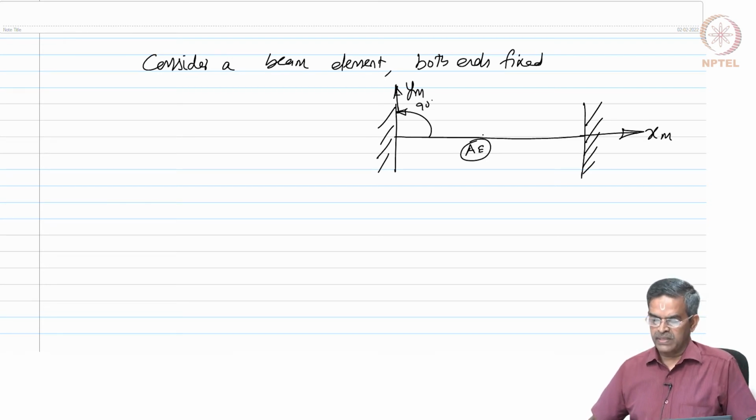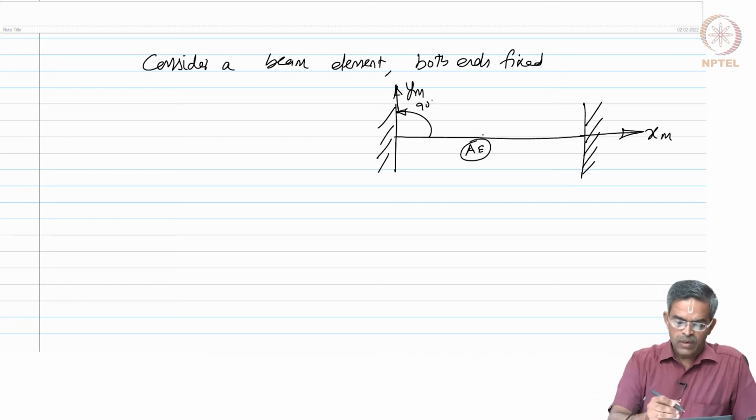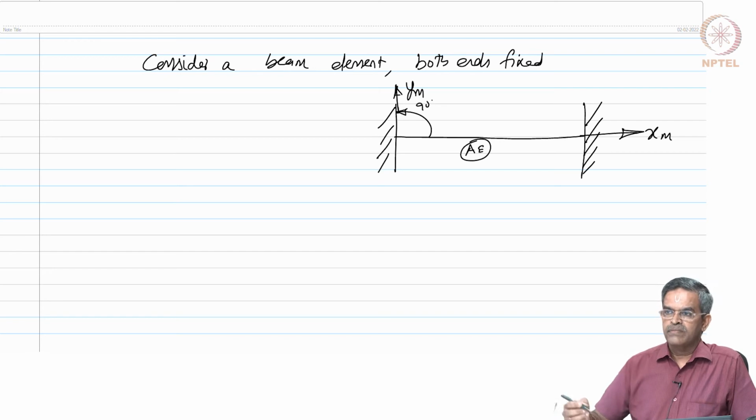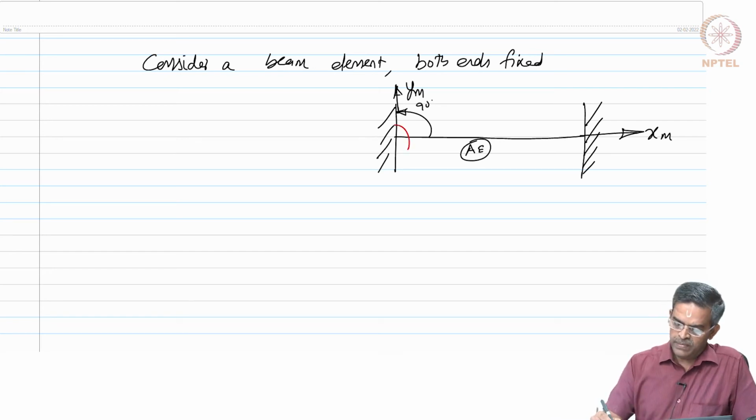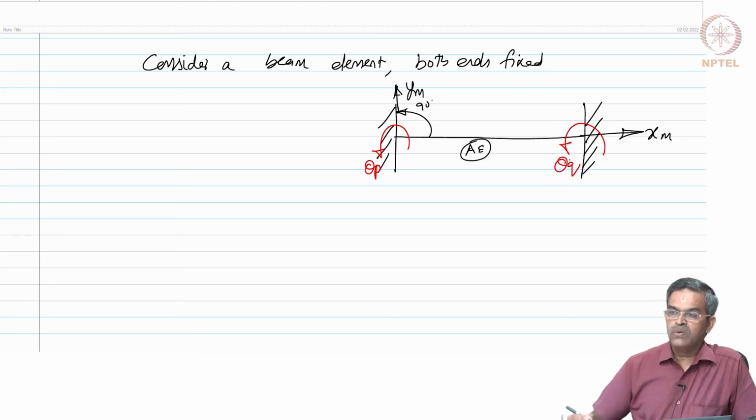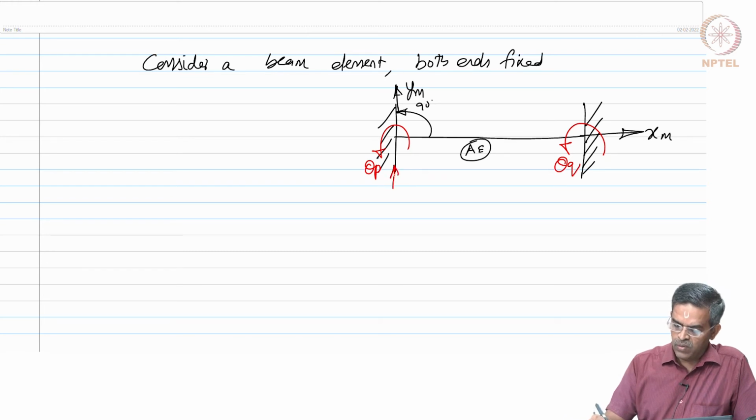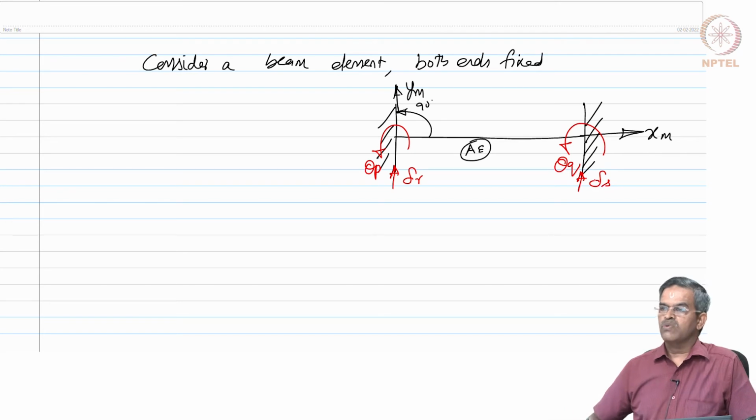It is a prismatic section. Okay. So, let us mark the degrees of freedom for this. They are all restrained. Let us mark them in red color. Okay. So, this is theta p, this is theta q, and this we know is del r, and this we know is del s. There is no confusion in this, isn't it?